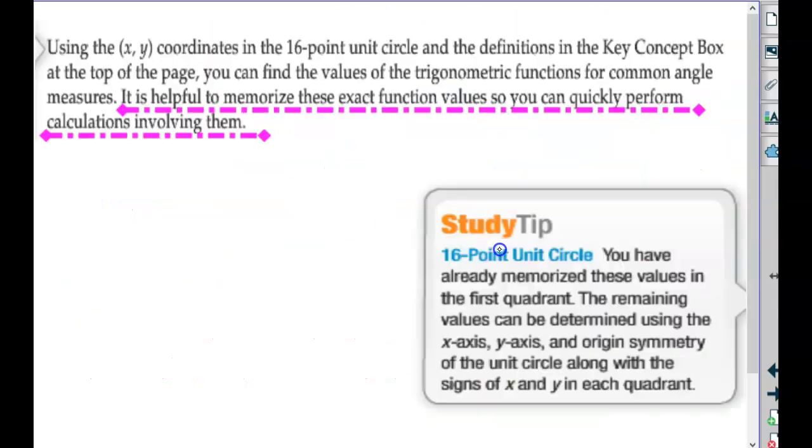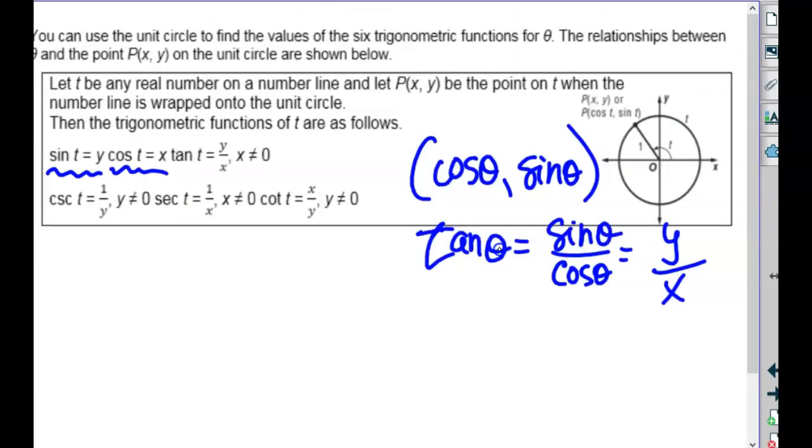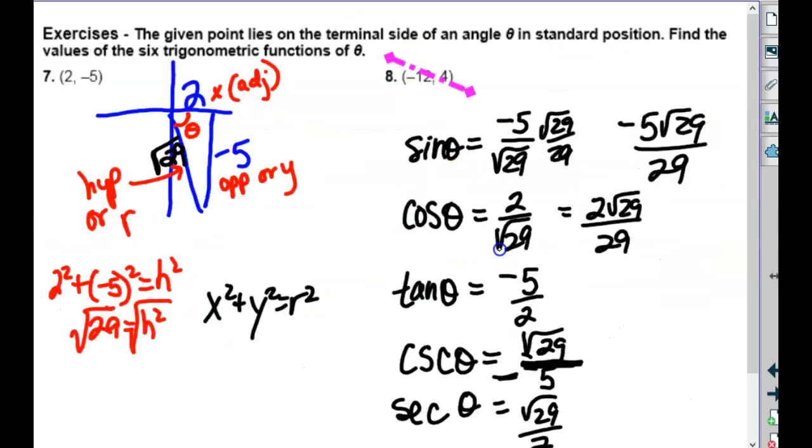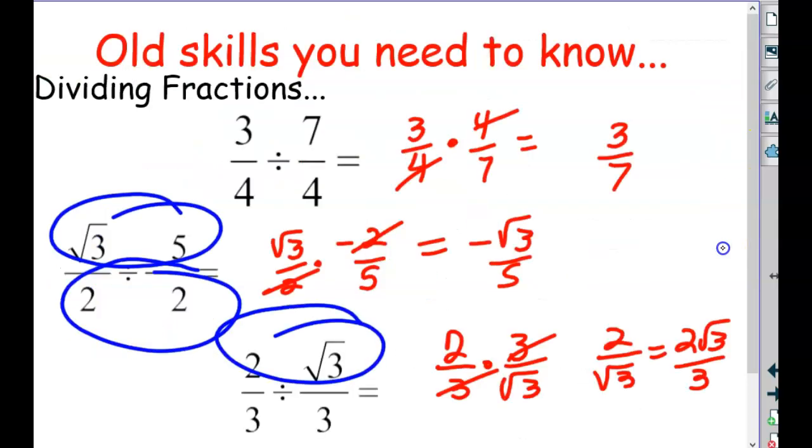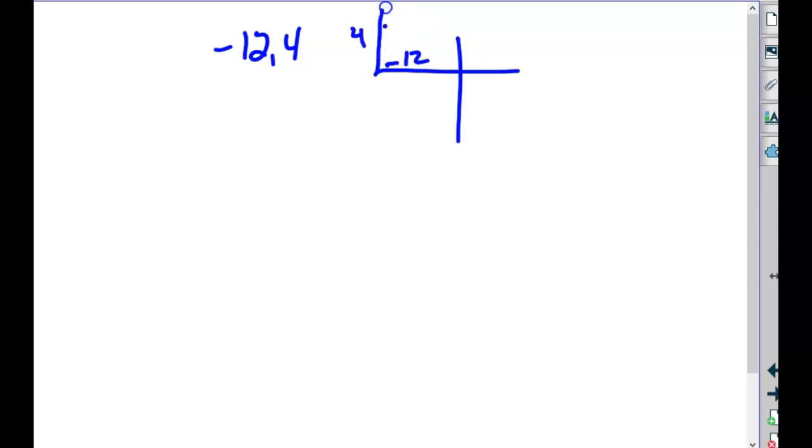I skipped this one. Do you want me to go back and do this guy? When you have an ordered pair of -12, 4, you would go left 12 and up 4. You're always using this angle in here.